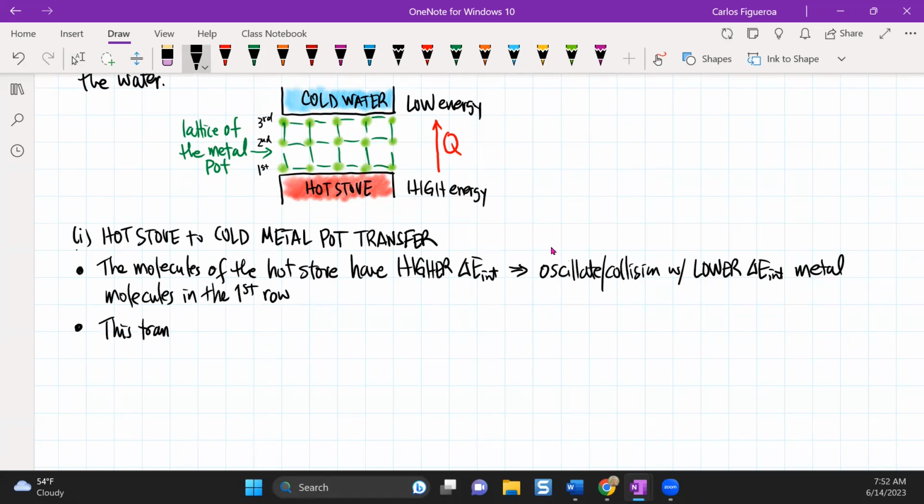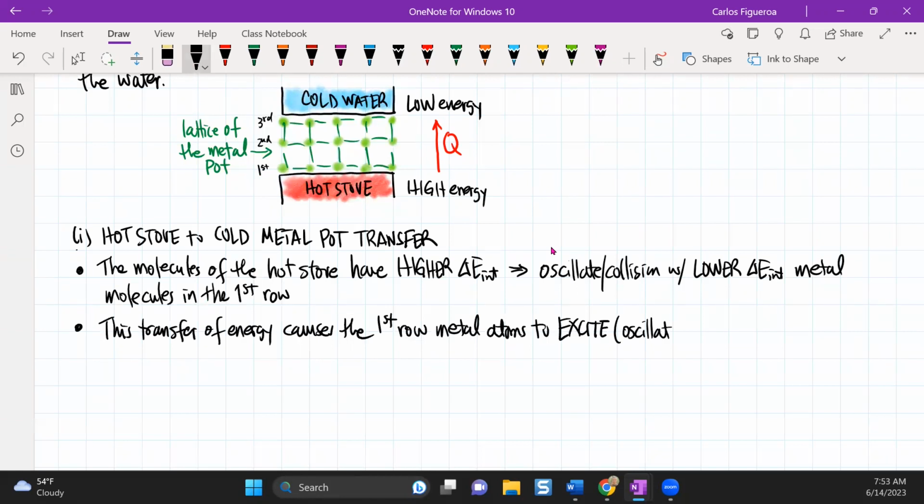This transfer of energy causes the first row metal atoms to excite. What do I mean by excite? They now start oscillating with higher energy. Okay?